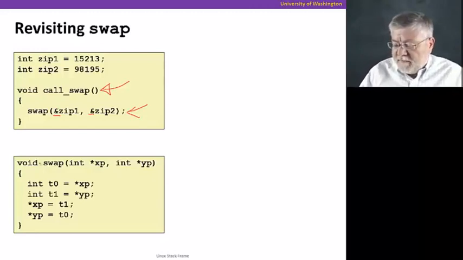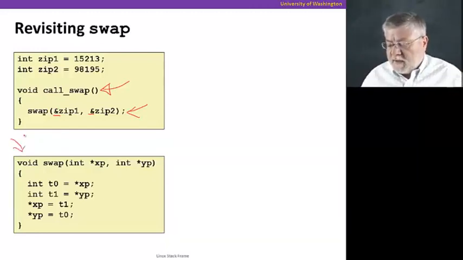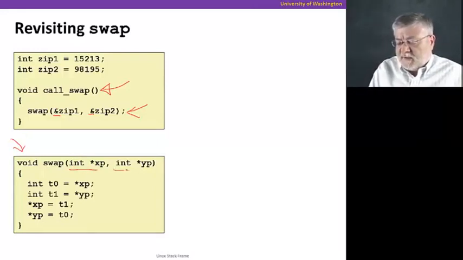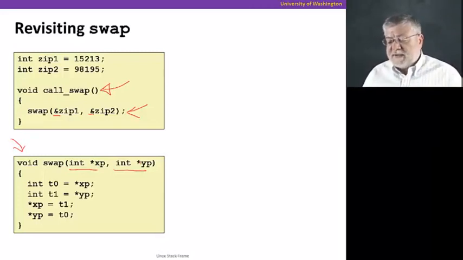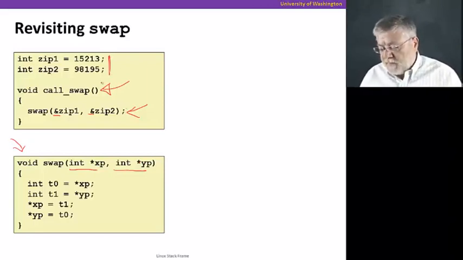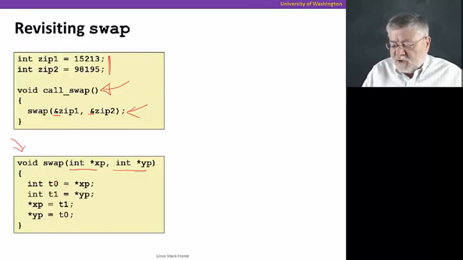Here's the definition of the swap procedure. It has its two arguments described at the top. They're both pointers, and they're both pointers to type int. So these match up because our two zip variables were ints to begin with. What we do then is have two temporary variables, t0 and t1. We load them up with the values stored at those pointers.